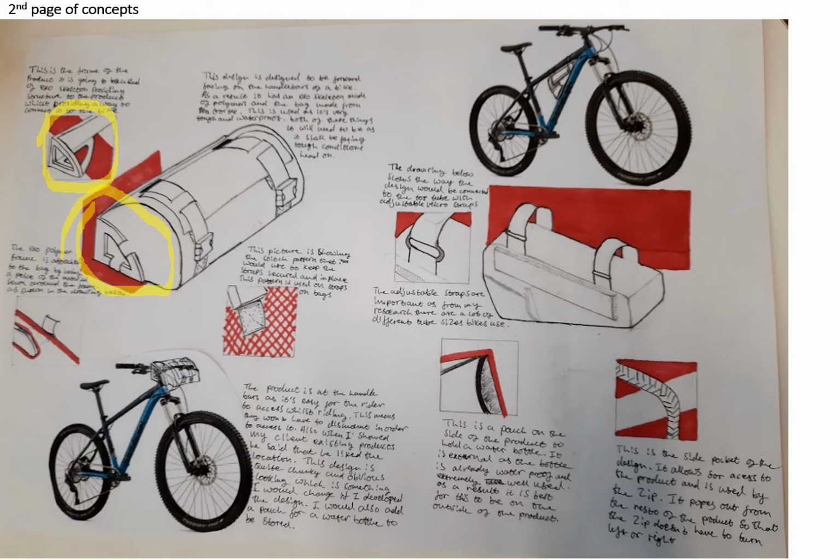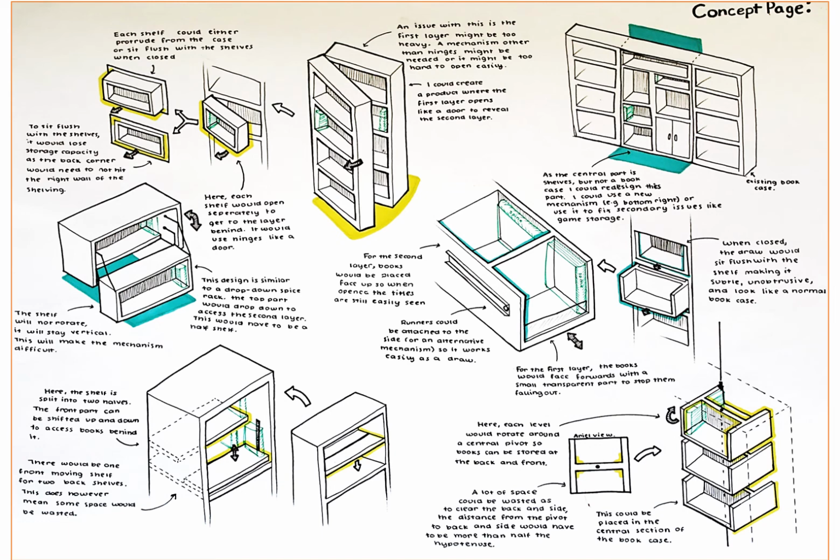And then finally, the next few pages are all from the same project, and I wanted to show you a bit more about the flow, because it's all well and good getting your concepts onto paper, but where do you go from there? So this project was about storage facilities for double stacking books, so that the books at the back of the stack could be easily accessible, not only so you could read the titles, but you know what books you've actually got.